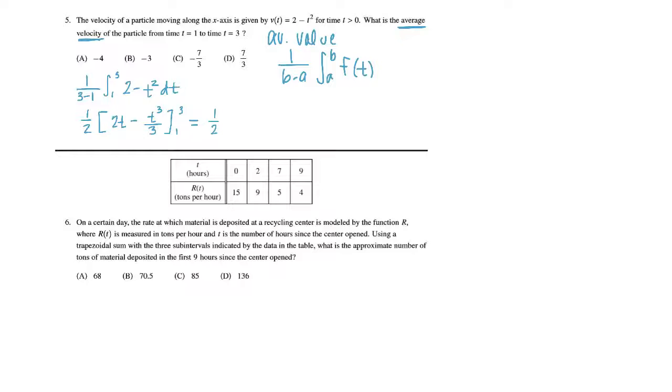We have 1/2 times. If we plug in 3, we're going to get 6 minus 9, minus, that's your top endpoint, minus your bottom endpoint. So that's going to be 2 minus 1/3. And so continuing to work this out, because we have to, we have 1/2 times -3 minus, well, 2 minus 1/3 is going to be 1 2/3.